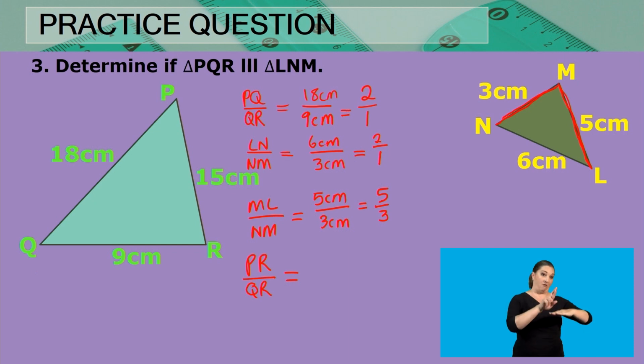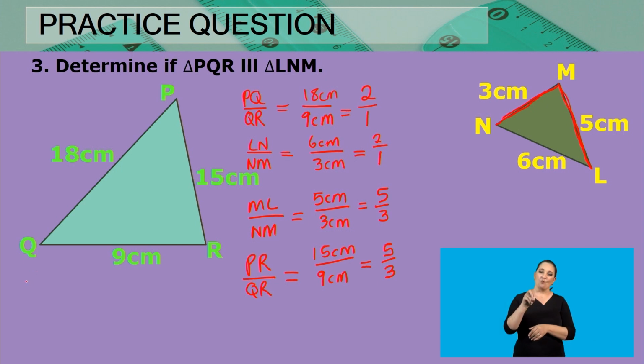Now, the length of PR is 15 centimeters and the length of QR is 9 centimeters. The ratio of these two sides, when simplified, is 5 divided by 3. So as you can see, again, the ratio of the corresponding sides is in proportion.